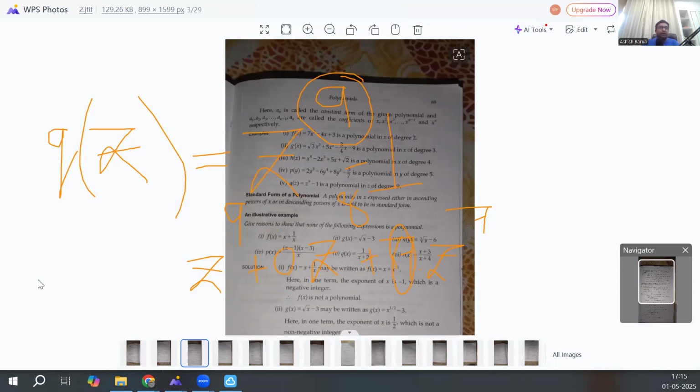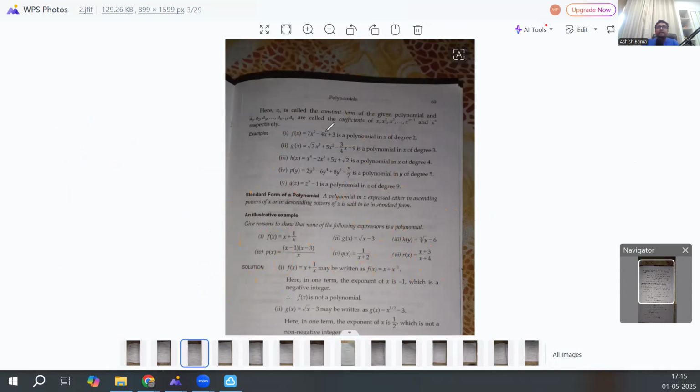So here we discussed two terms. One is the coefficient. In this polynomial, what is the coefficient of x to the power 4? It is 1, and we can denote it by a4. a4 is equal to 1. Then minus 2x cubed, so a3 is minus 2.